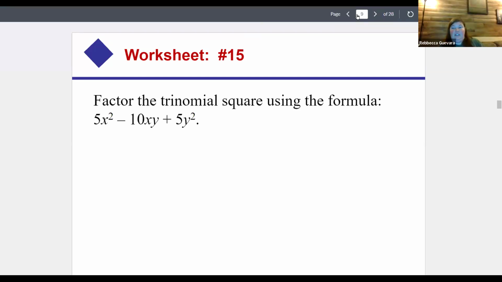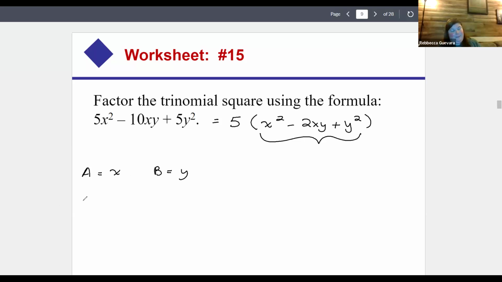All right, so for 15, everything here is divisible by 5. So first thing I'm going to do, I'm going to factor out 5. Now I have x squared minus 2xy plus y squared. So this is actually a perfect square trinomial. If a is x and b is y, then x squared minus 2xy plus y squared is the same as a squared minus 2ab plus b squared.